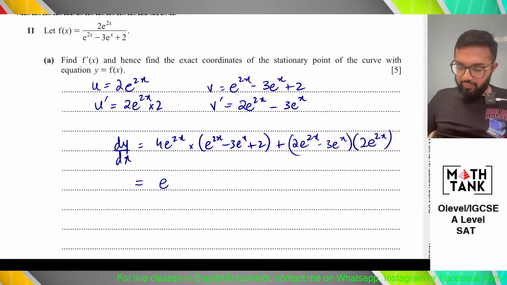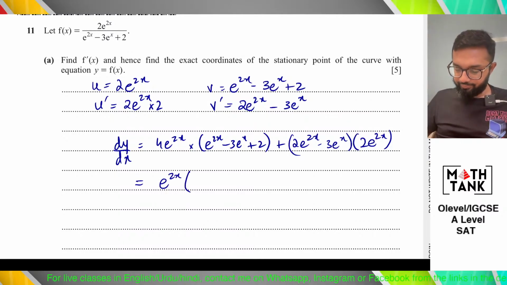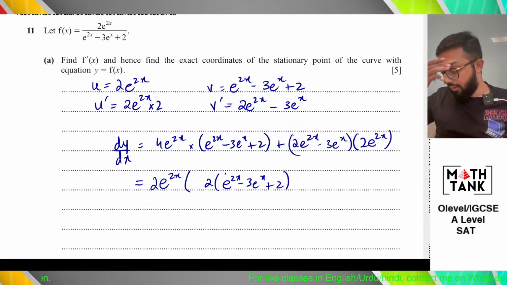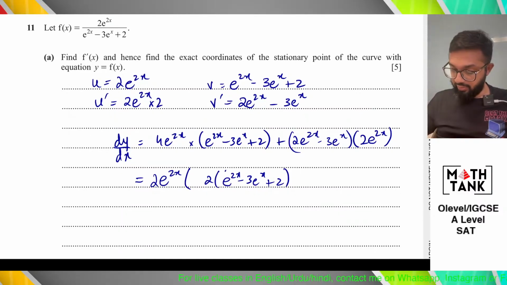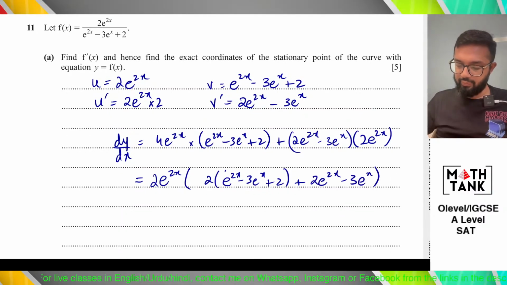Okay, e power 2x is common. 2e power 2x is common, so 2e power 2x times (2 e power 2x minus 3 e power x plus 2). And I've taken all of that common, so plus 2 e power 2x minus 3 e power x.